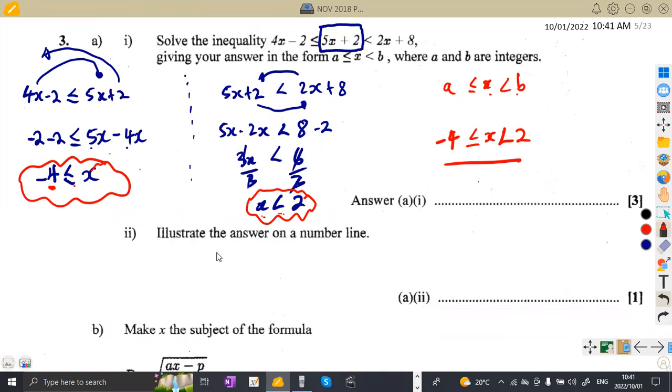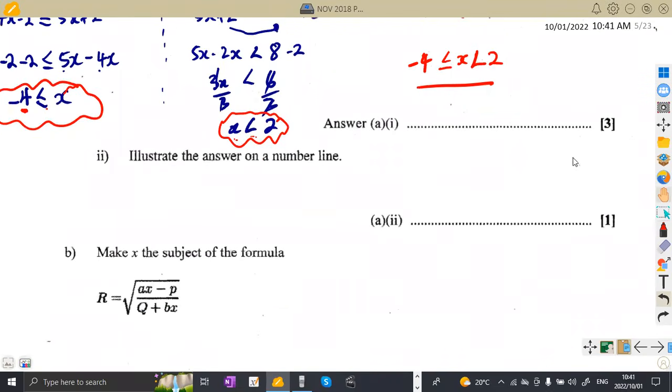Then illustrate the answer on a number line. So how do I illustrate on a number line? Number line, guys, remember this. The important values are from -4. So we've got -4, -3, -2, -1, 0, 1 up to 2.